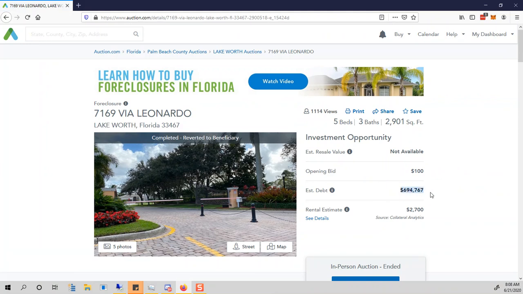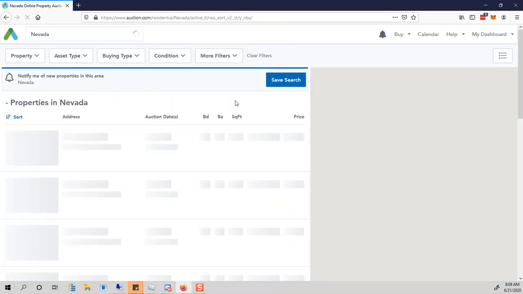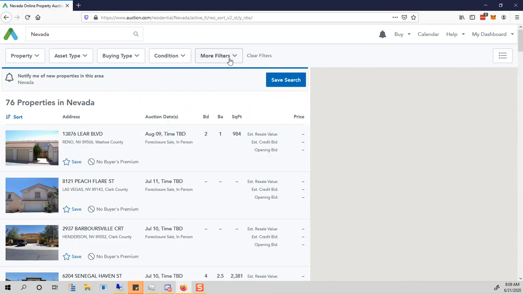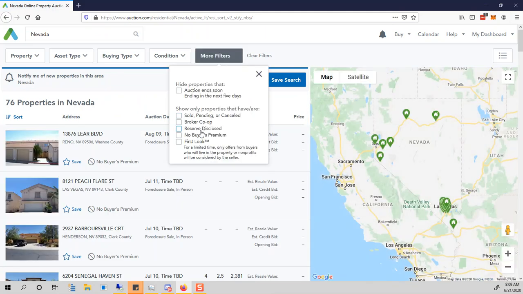So that might be an estimated debt, but I need sold to third party. I think estimated debt might be a better one for Florida and other states. Okay, so hopefully you get the point of what I'm trying to get at.